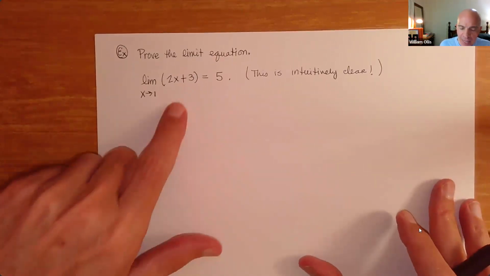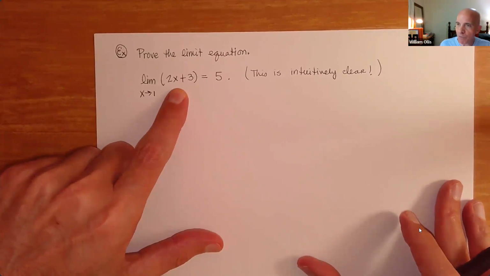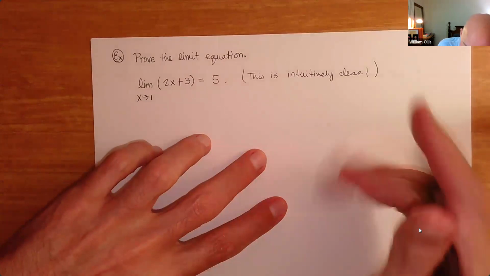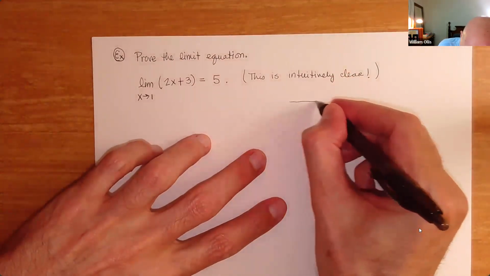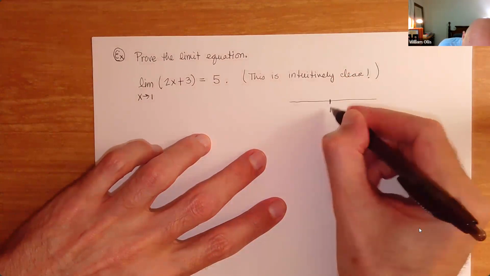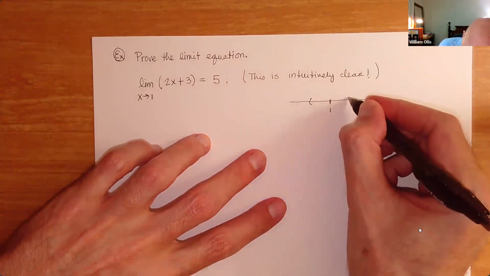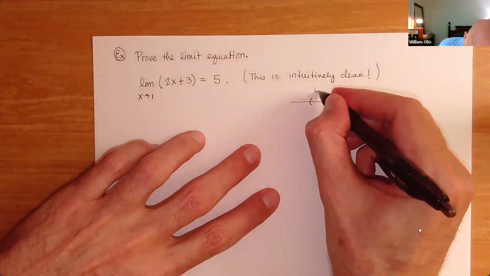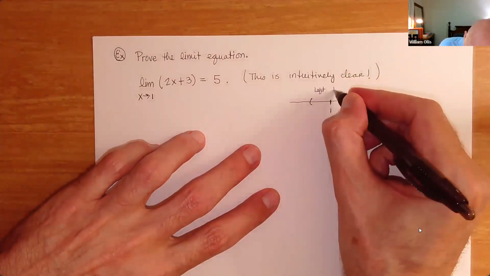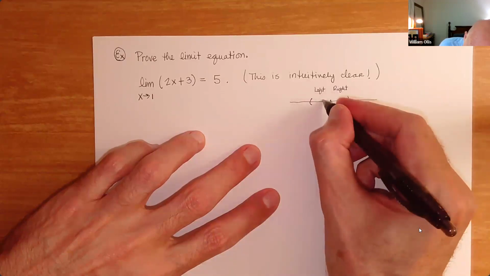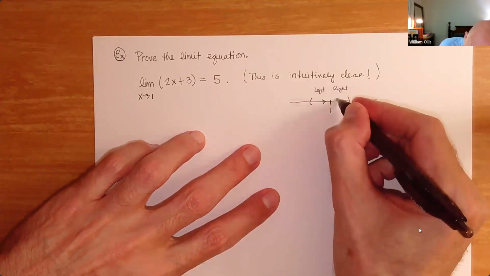Now you're thinking, this is a very, very simple function. Do we even need to do that? But let's just think about this before we get started. We have 1, and then we have a neighborhood of 1. And we have a left approach, and we have a right approach. So we're doing something like this.